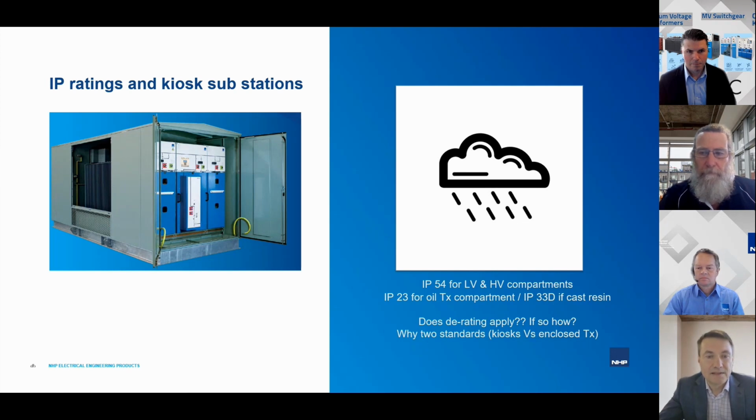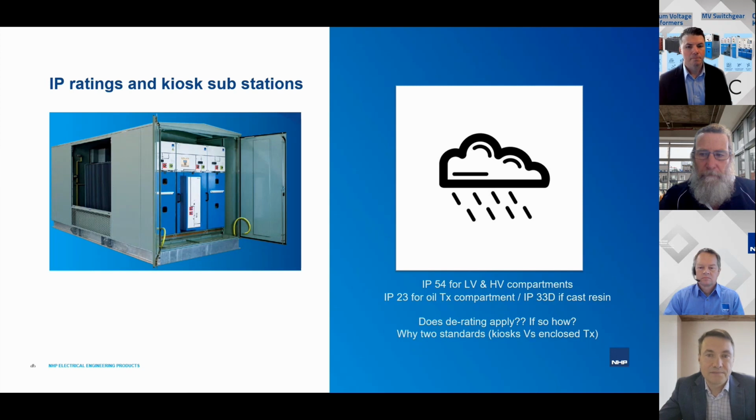And for the transformer section, we don't need this high IP rating, and a high IP rating would obviously reduce the natural ventilation and create lots of design issues. So the IP rating acceptable for the kiosk substation is IP23D as per 62271 part 202, which is a minimum rating, and it's well suited for oil transformers.